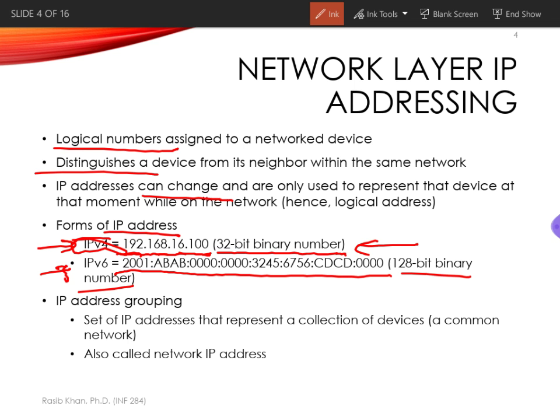And there's another thing: IP addresses can not only distinguish or identify a device, they can also be used to identify groups, which means that it can have a set of IP addresses that represent a collection of devices within a specific small network.